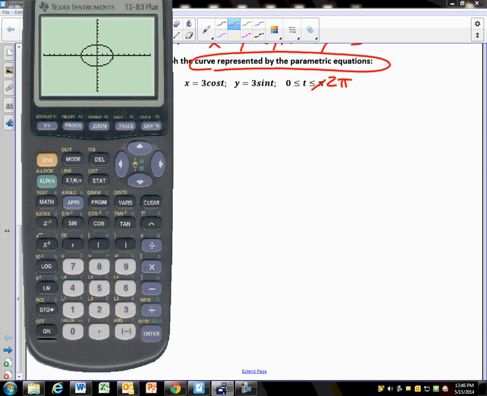What is the shape? It is a circle. It doesn't look like a circle because our picture is distorted. If we did zoom as a square, number 5, you can see that it will create a perfect circle for you. What's the radius of that circle? 3.